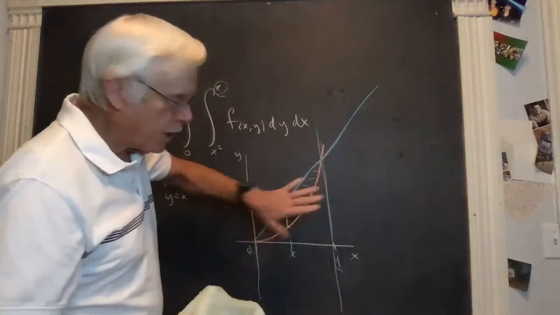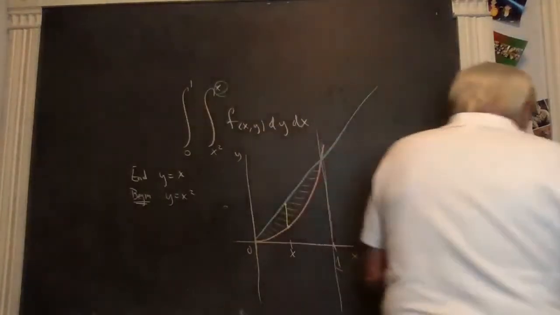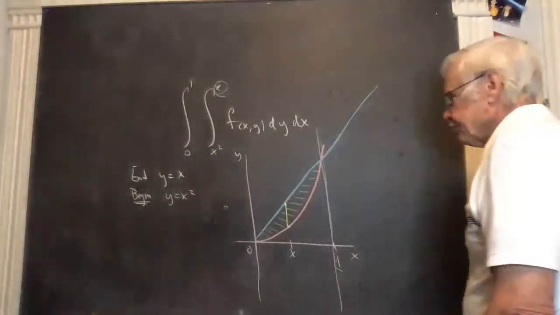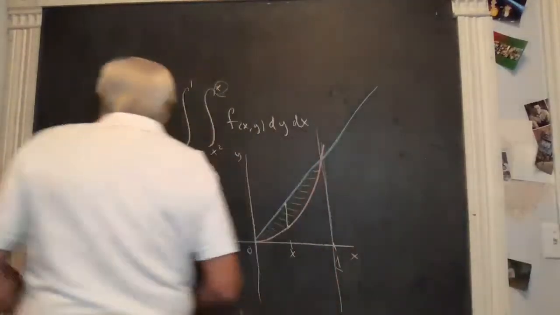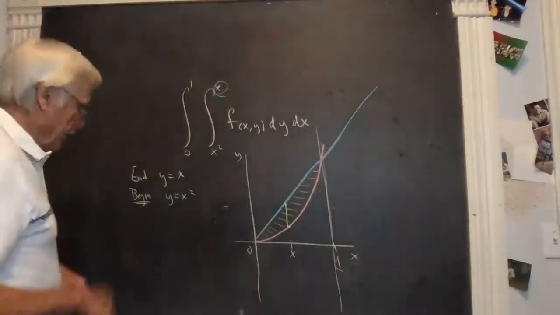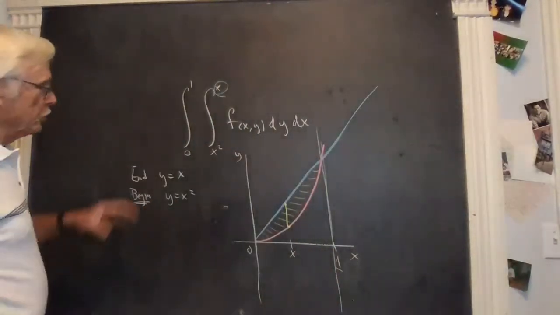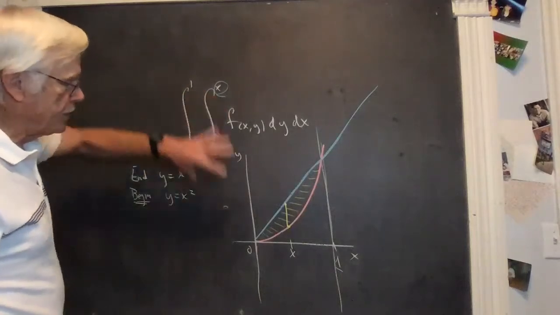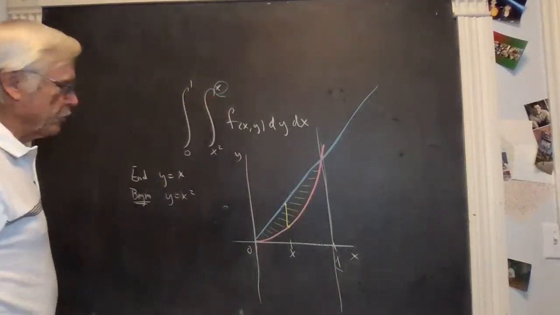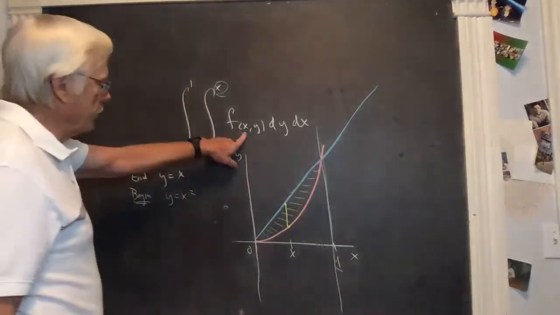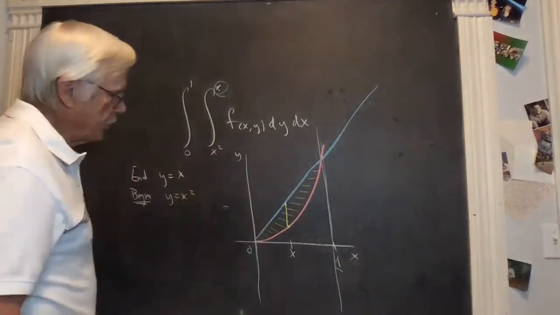You want to find the volume between the sheet and that region. So this is one way to look at a problem: given an integral, identify what you're looking at. We are looking at the volume under this over this region.